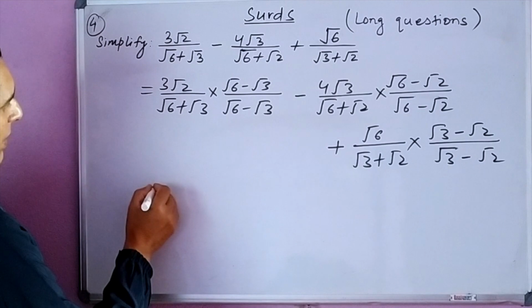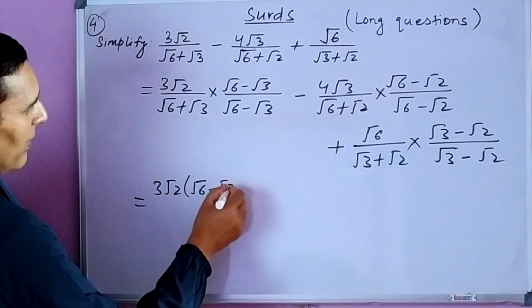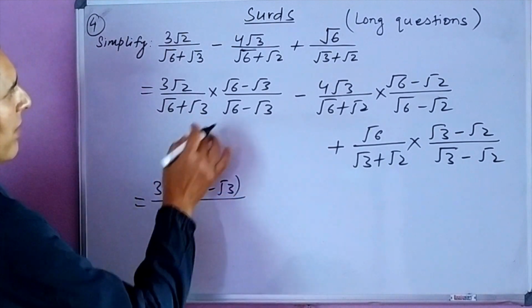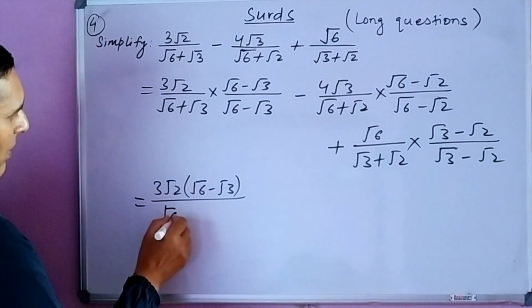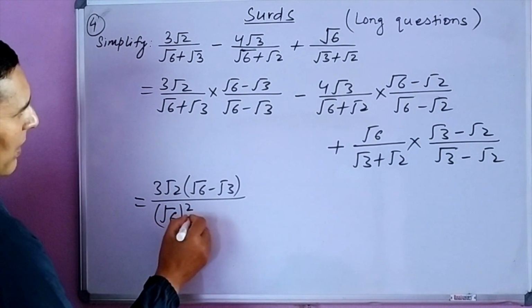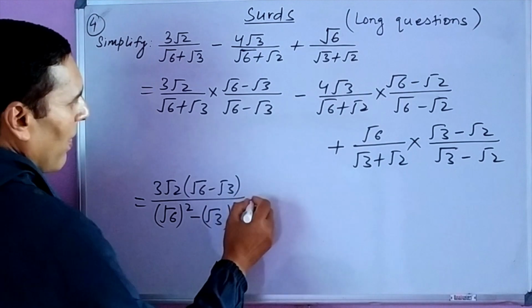Now here it is 3 root 2 and root 6 minus root 3 multiplied together. It is a plus b, a minus b, a square minus b square, root 6 whole square minus root 3 whole square.